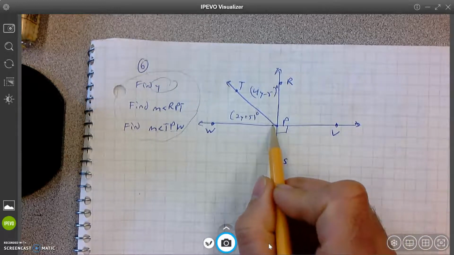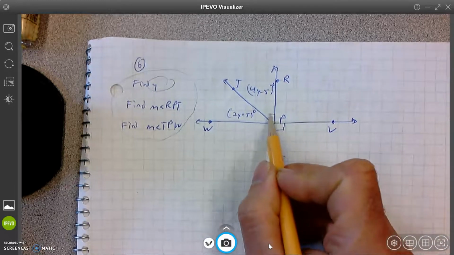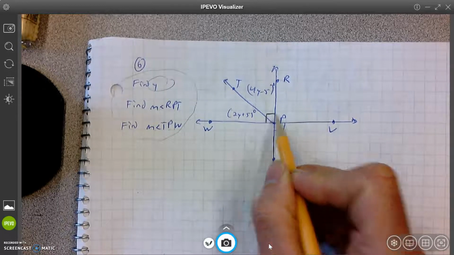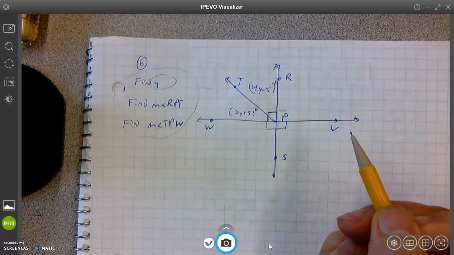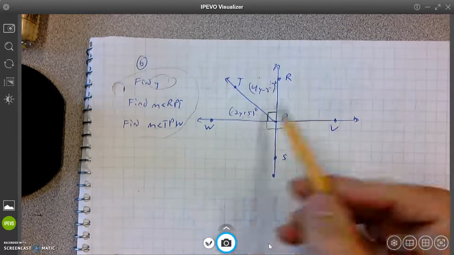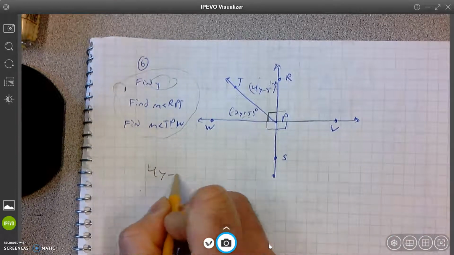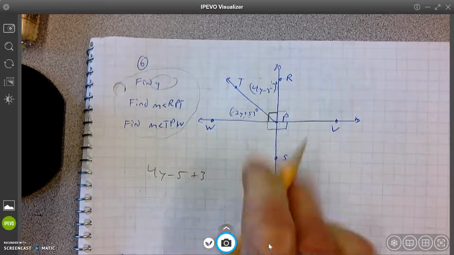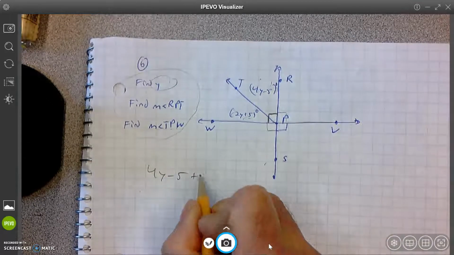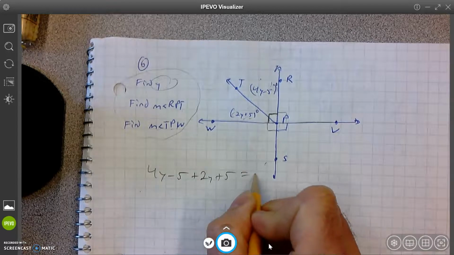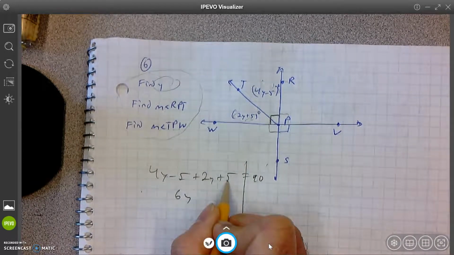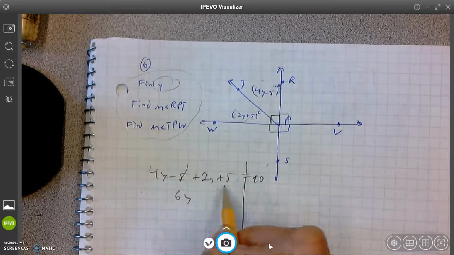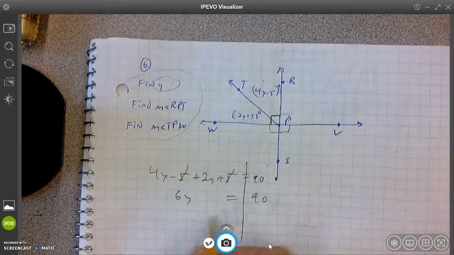Okay, so this and this is a right angle. So that means that if it's perpendicular, that angle and this angle and this angle all are right angles also. So this plus this is 90. 2y plus 5. So let's solve this. 6y, negative 5 plus 5 is 0.